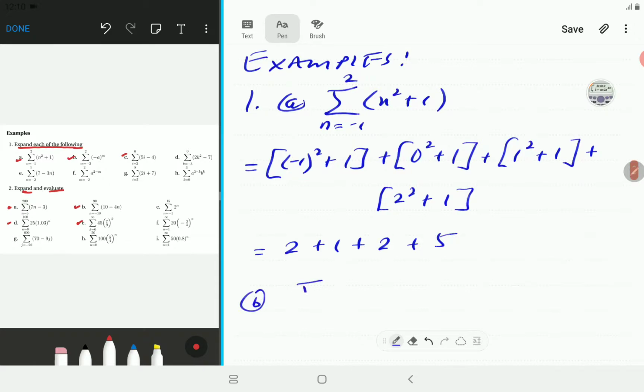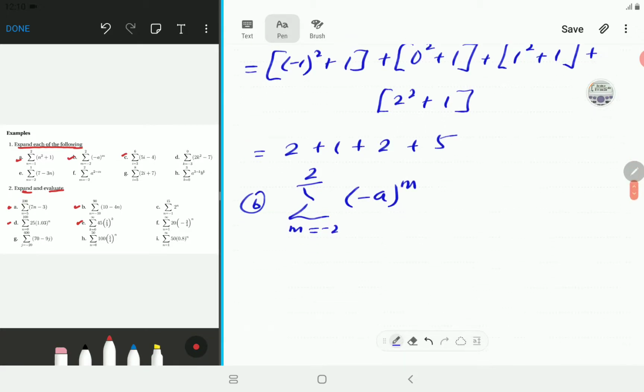All right, and then in part B we have got the summation of (-a) to the power m. M is starting from -2 to 2. So for the first value, we substitute m is -2.